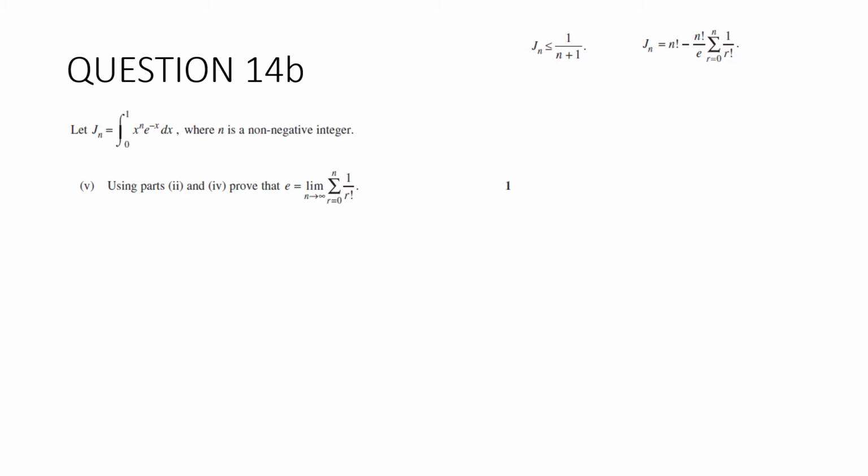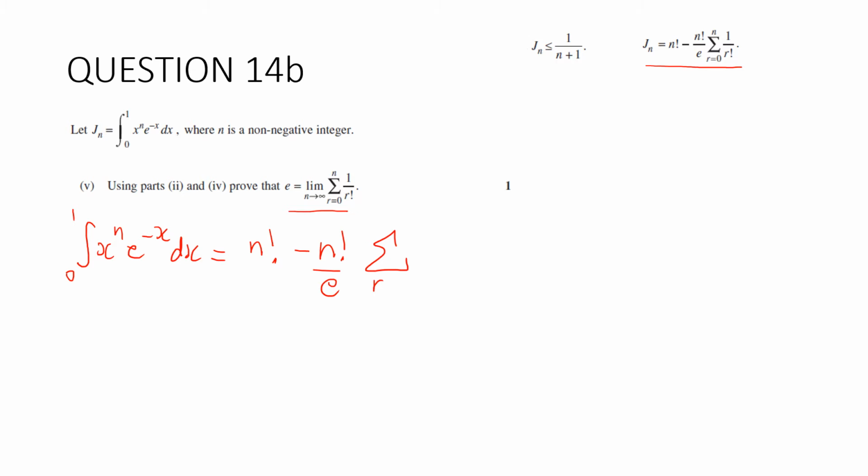Part 5, using parts 2 and 4, prove this. Alright, so we're going to start by using part 4, which says this. So J_n, which is this integral from 0 to 1 of x^n e^(-x) dx, is going to be equal to n! minus n!/e, sum from r=0 to n of 1/r!.